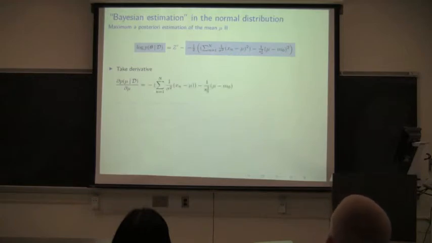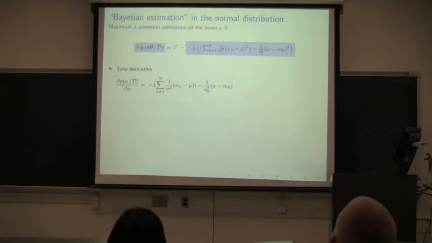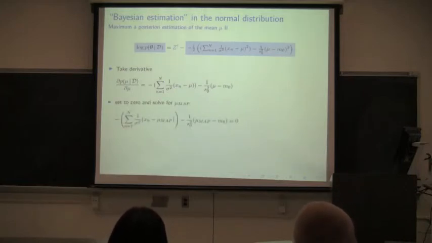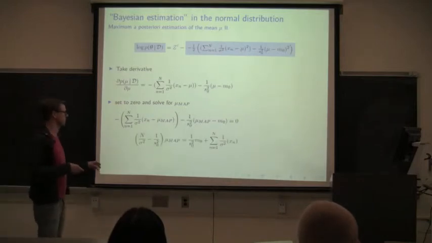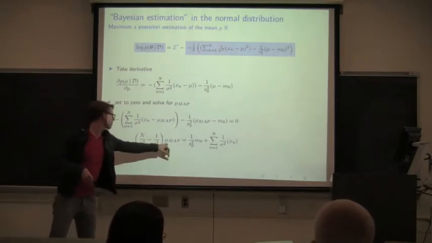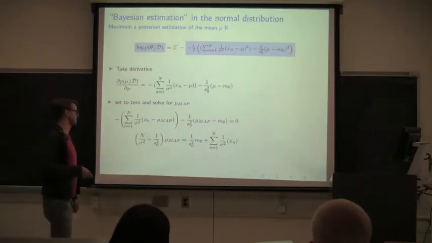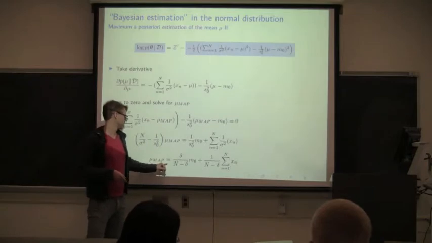And then we basically get this part. The same thing there. Now we set this to 0. Now, what we want is the parameter, so we put everything that doesn't belong to the parameter on one side and solve.